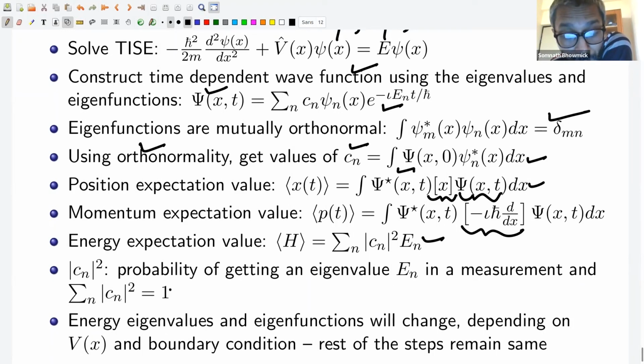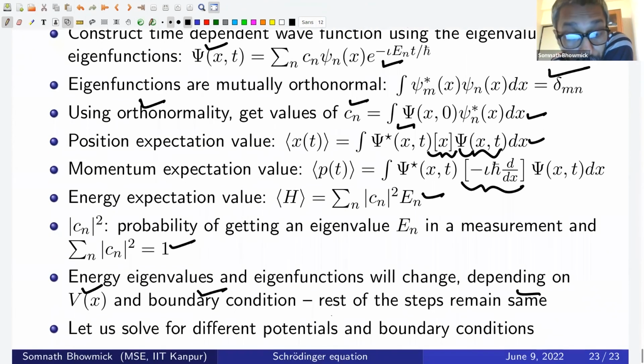If you add all of them, you get a number equal to 1. Energy eigenvalues and eigenfunctions will change depending on the potential and the boundary condition we are using. The rest of the steps remain exactly the same. So let us solve for different potentials and boundary conditions.